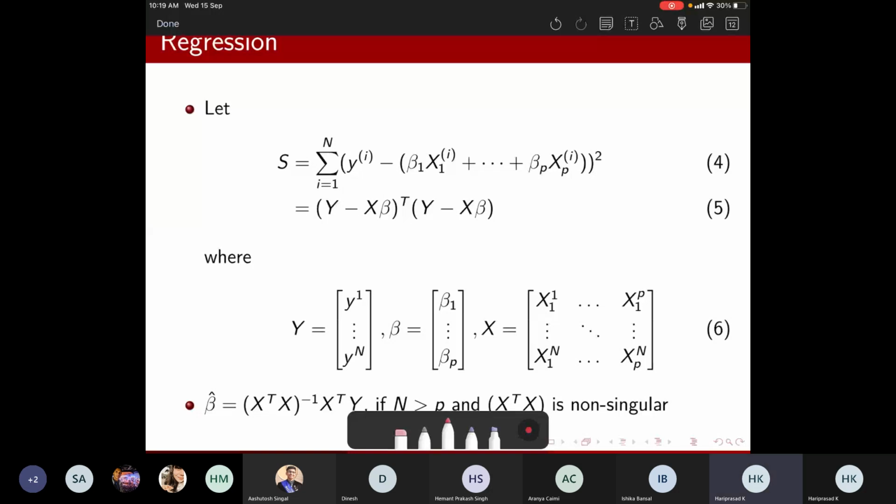Now coming to what Ashutosh told, in matrix form and things like that. This particular summation is technically very difficult to handle because there is a sigma and a multiplication. So what is the most compact way of writing this? Eventually what we need is the total sum of errors between the actual and the predicted.